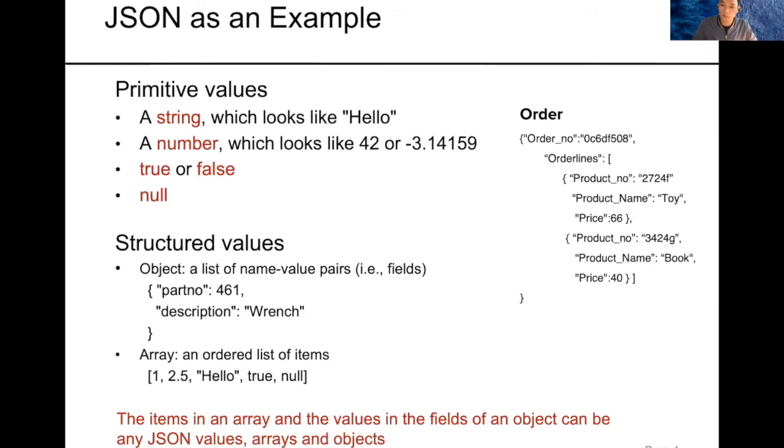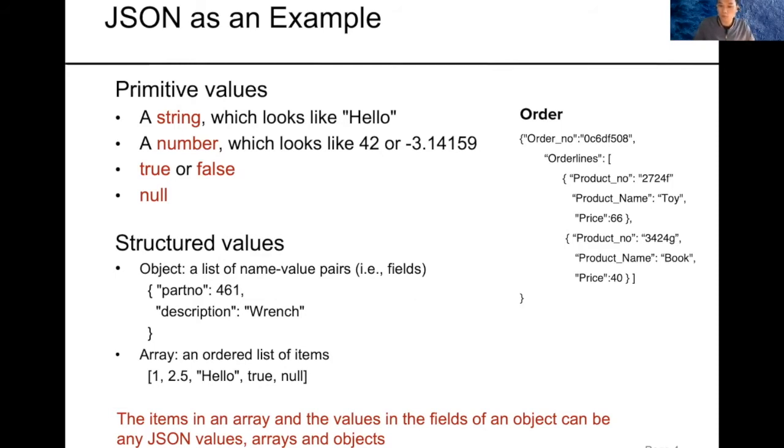Take JSON as an example. It supports two types of values. The first one is the primitive value, such as a string like hello, a number, or a Boolean value, true or false, and the null value.